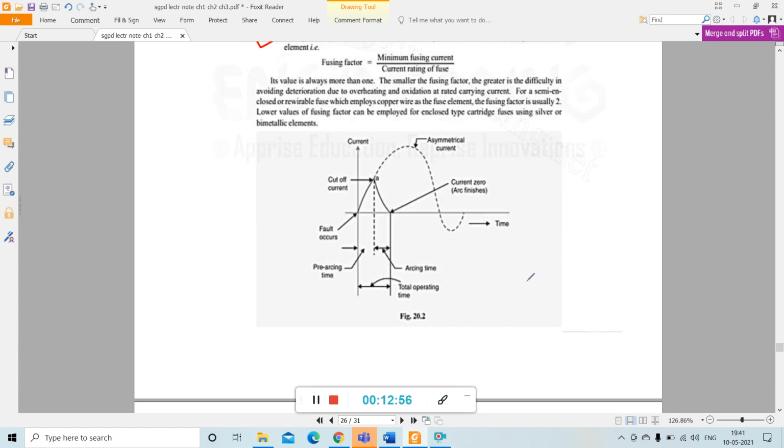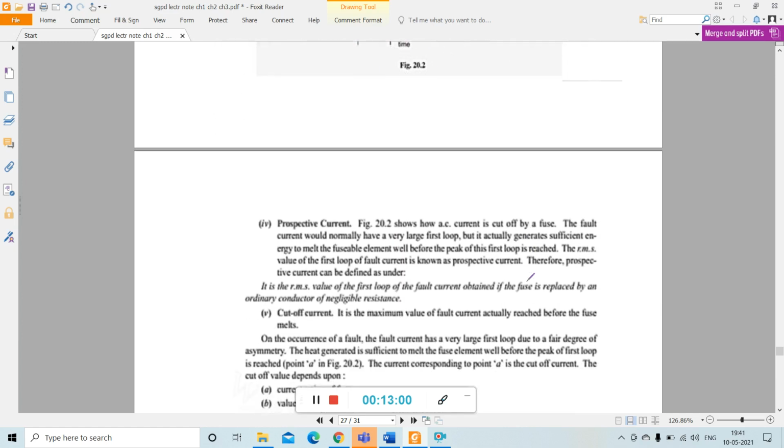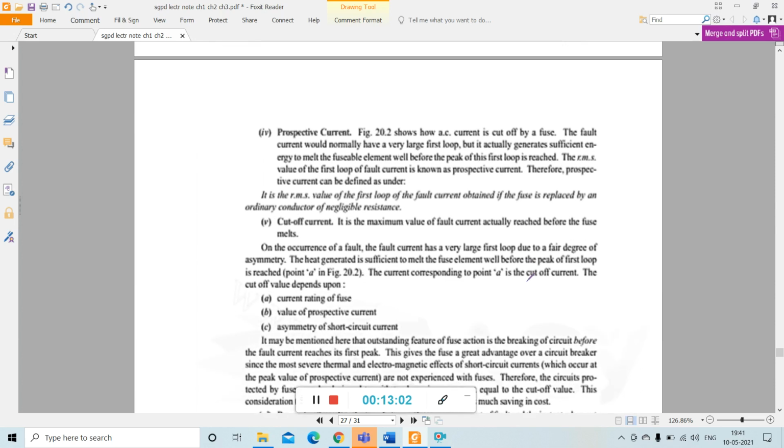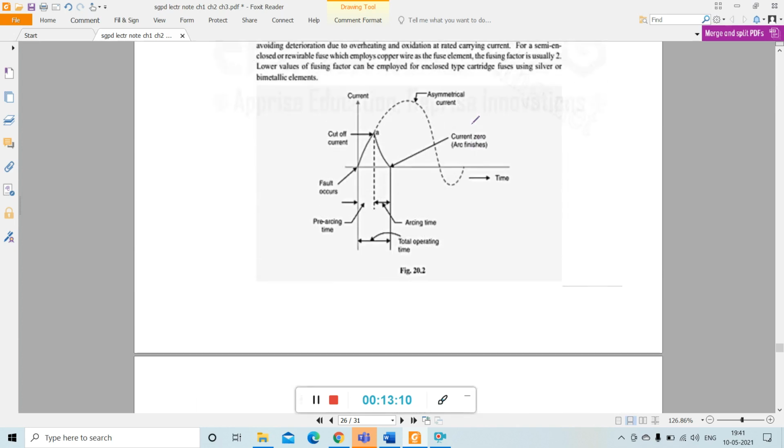Clear? So first coming over here is the prospective current. So what is this prospective current? See, the fault current would normally have a very large first loop. This is drawn over here. This is the large first loop of fault current.